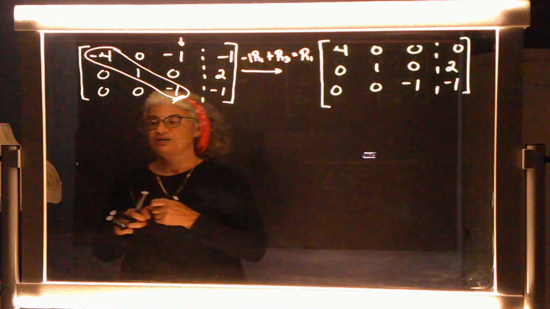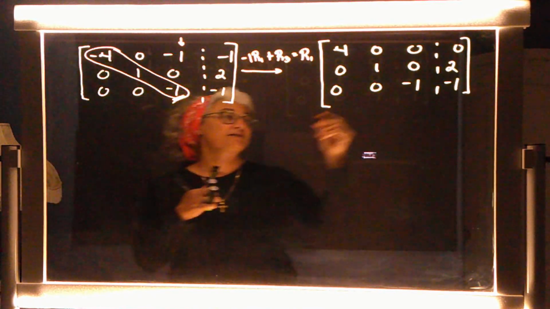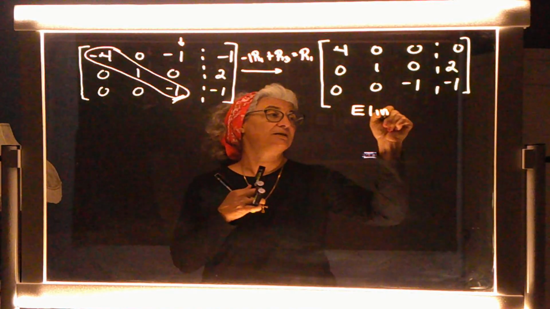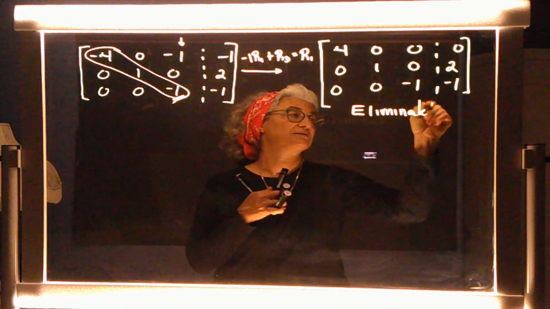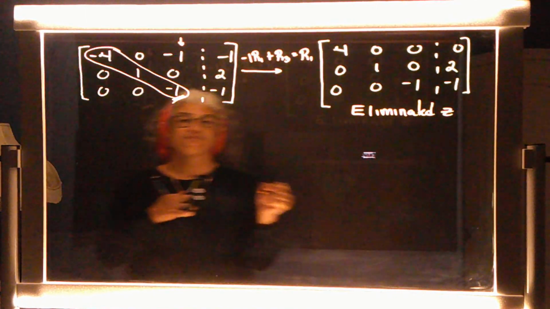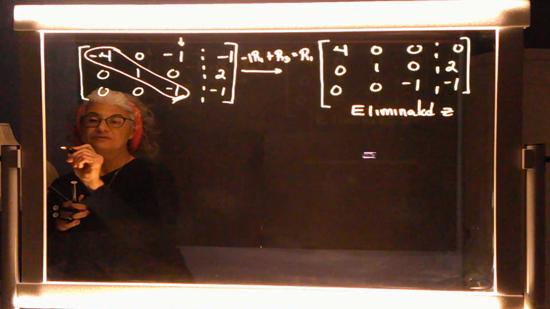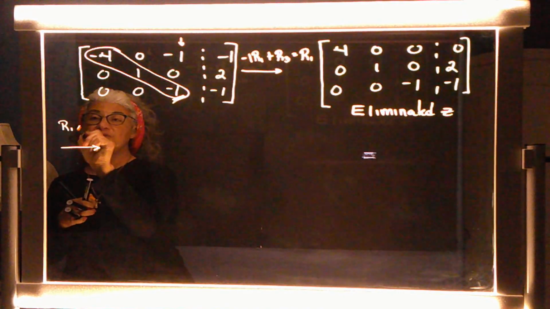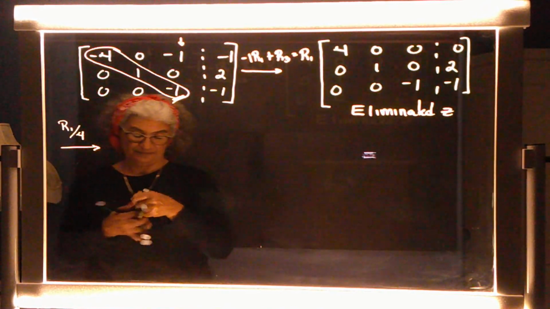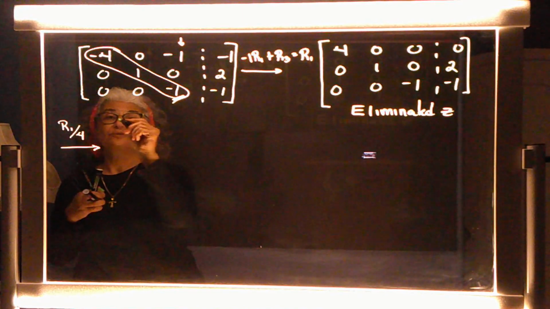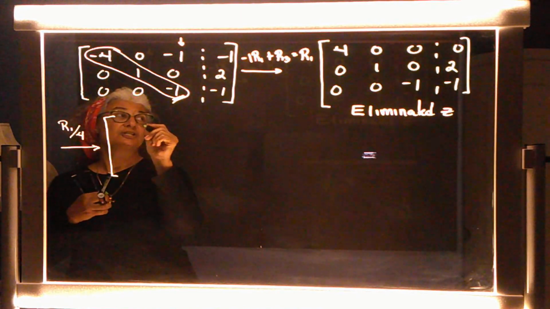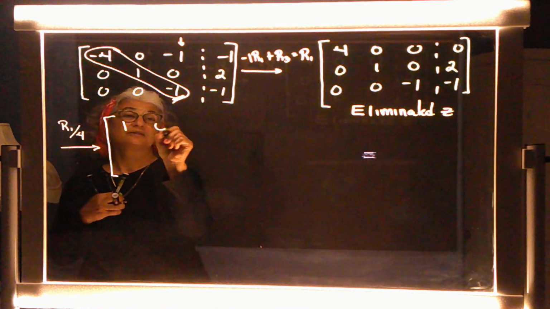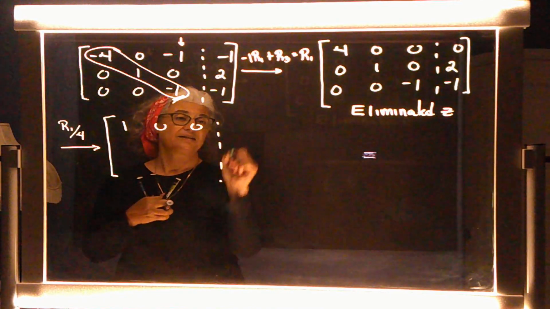Okay. So, again, this one eliminated z. And now we are going to take the first row and divide by 4 in order for us to get a 1 on that diagonal. So that's going to be 1, 0, 0, and 0.